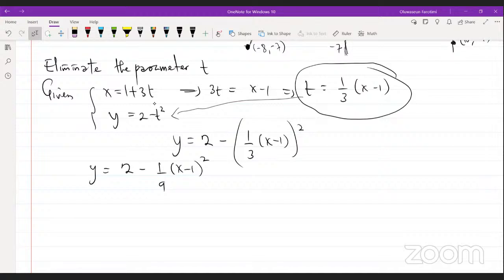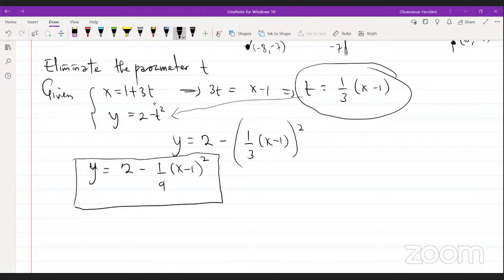It depends on how you visualize some of these things. I can actually stop here, but if I want to go a step further, then I have to open up the brackets. So I'm just going to stop at this point. Essentially, this describes the curve. Whether you simplify or not, this gives you the curve. But many a time, if you can, try to simplify. Does this make sense, guys?